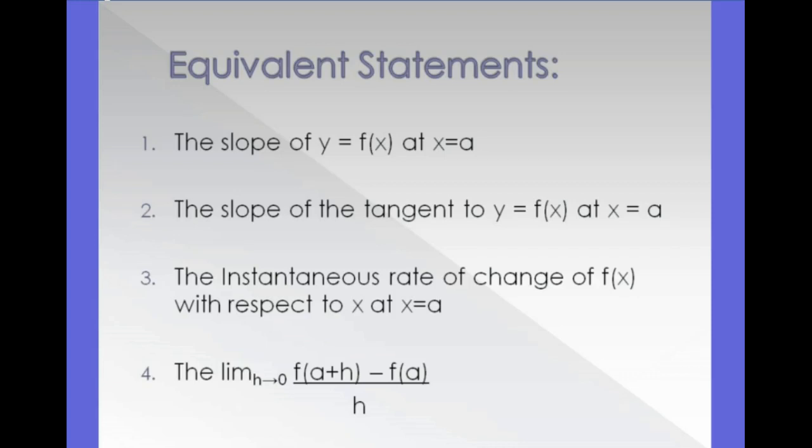And that's the key word: tangent is instantaneous. Secant is average. Tangent is instantaneous.